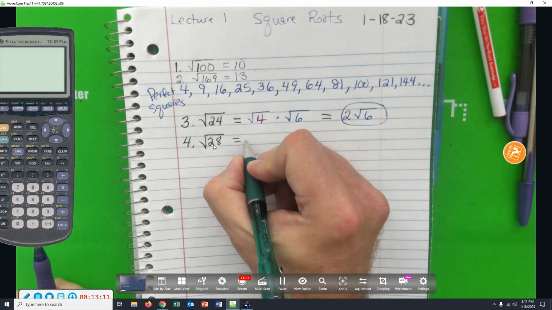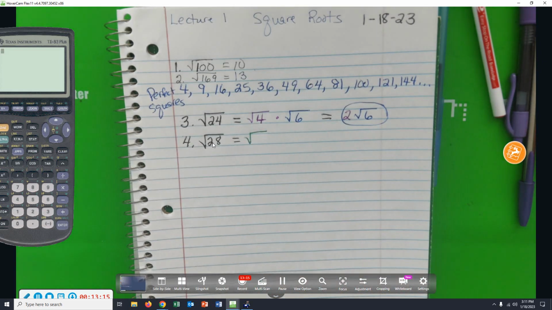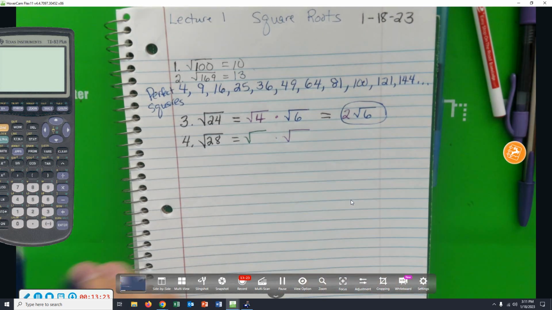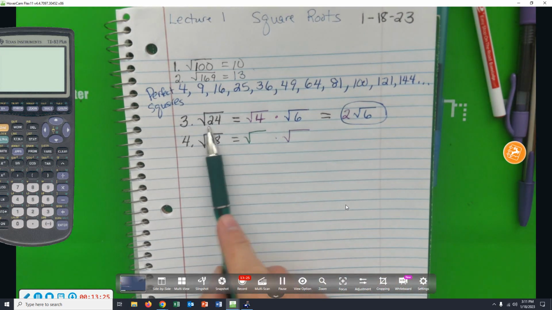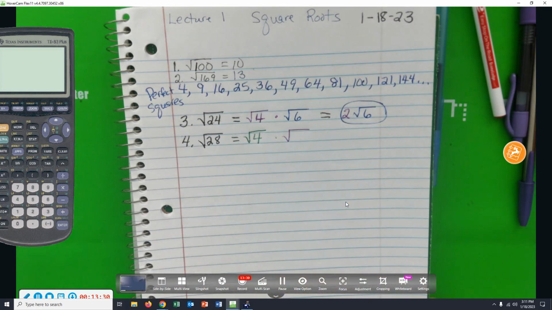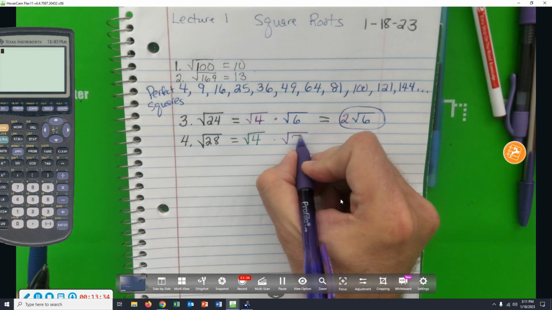So it'd be better if this was a bigger number, because here, what's the only number that divides evenly into 28? 4. So following the colors, I'm going to think of 28 as a green 4. You may not be able to tell that's a green 4, but when you watch the video, you can. Times 7.